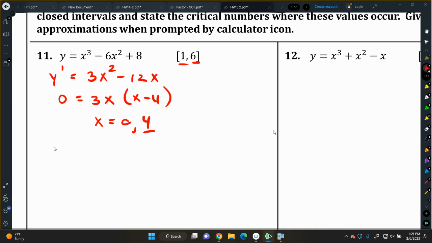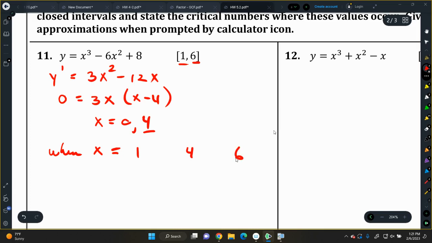When x equals 1, y equals 1 minus 6 plus 8, so that's 9 minus 6, which gives 3. To save myself some time, when I plug 4 in there, I get -24. When I plug 6 in there, I get 8.